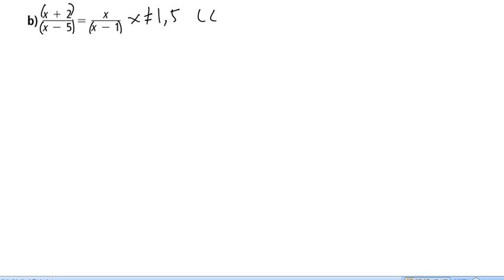And same as on the last question, our lowest common denominator is just going to be our two denominators multiplied together. So x minus 5 times x minus 1. So let's multiply both sides by those common denominators over 1.